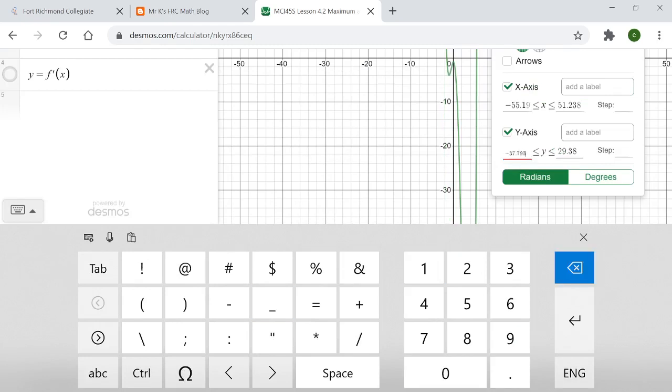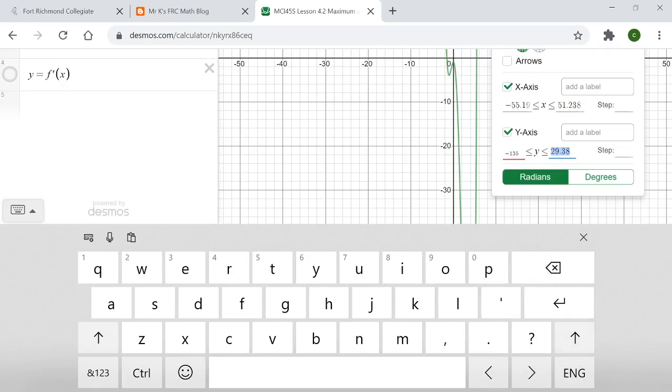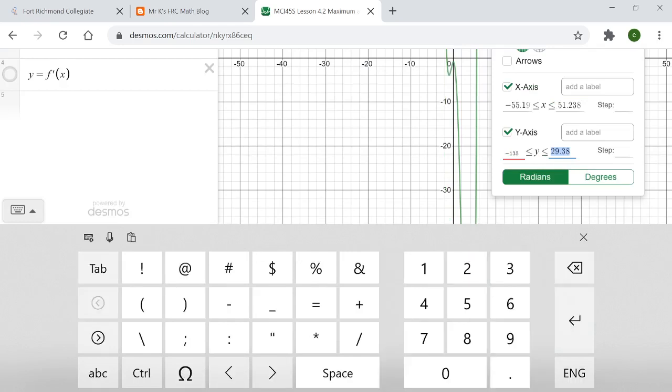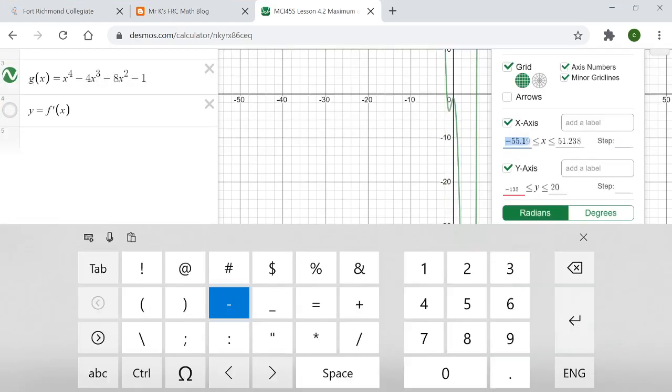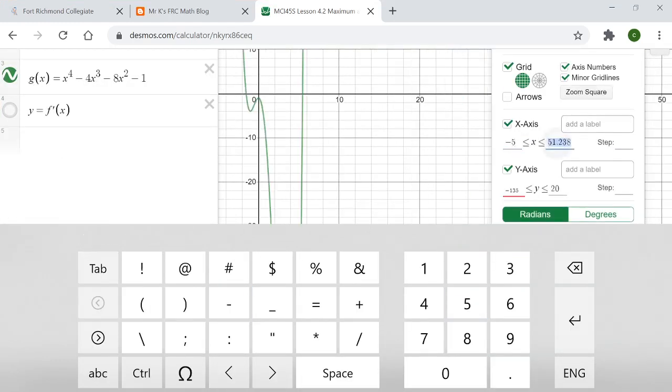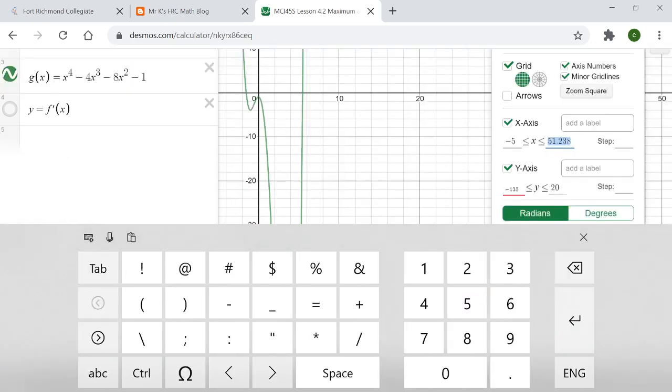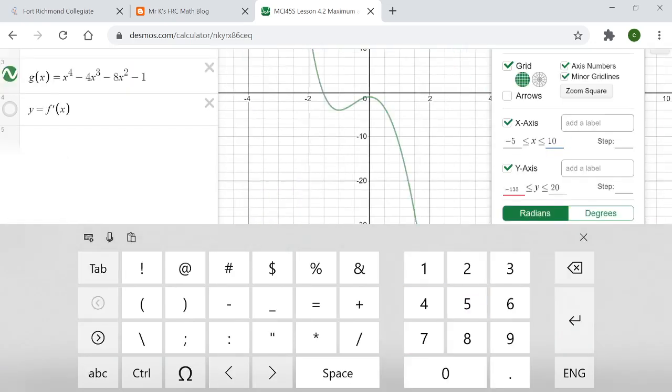Oh, wait a minute, it's the y-axis. We want to go to, where's my negative button? -135 or something. And let's go up to, I don't know, 20 is fine. And then for the x-axis, we only need to go from, say, -5 to 10, maybe. There we go.